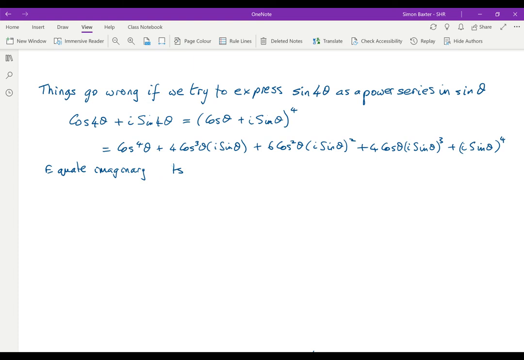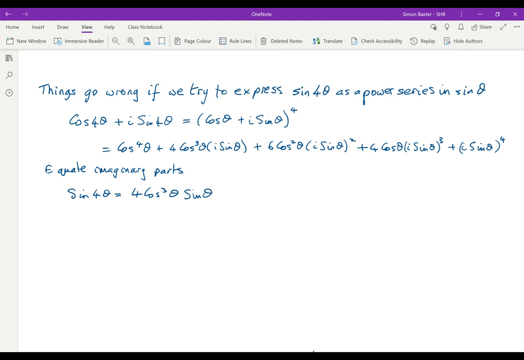we will get that sine 4 theta is, the first one is 4 cos cubed theta sine theta.